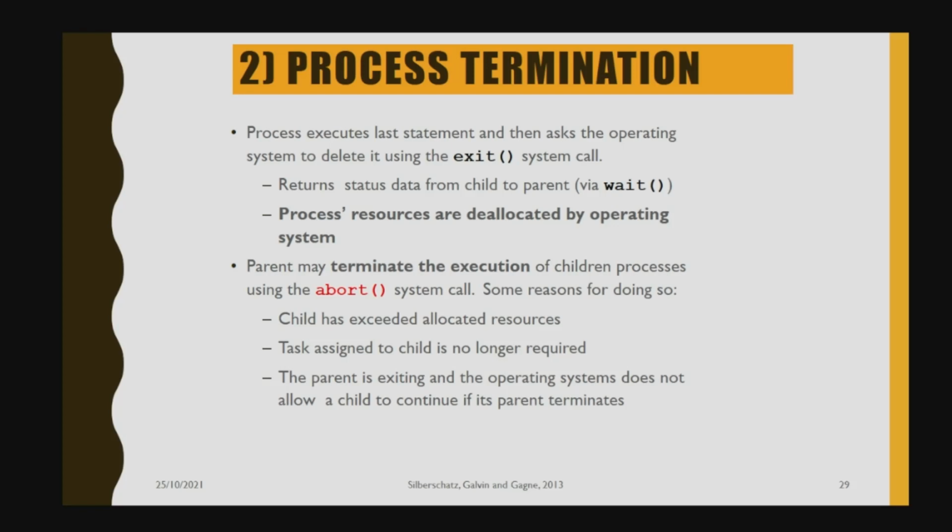And third, the parent is exiting and the operating system does not allow the child to continue, because the parent has already terminated. So if the parent has already terminated, the child process cannot continue, so it also needs to be terminated.